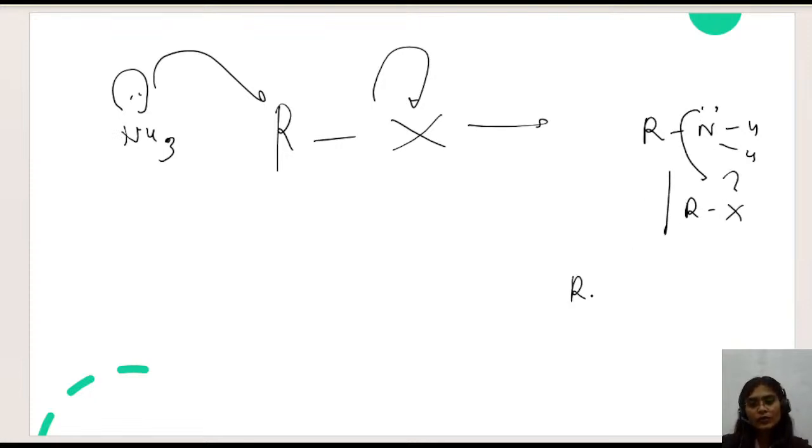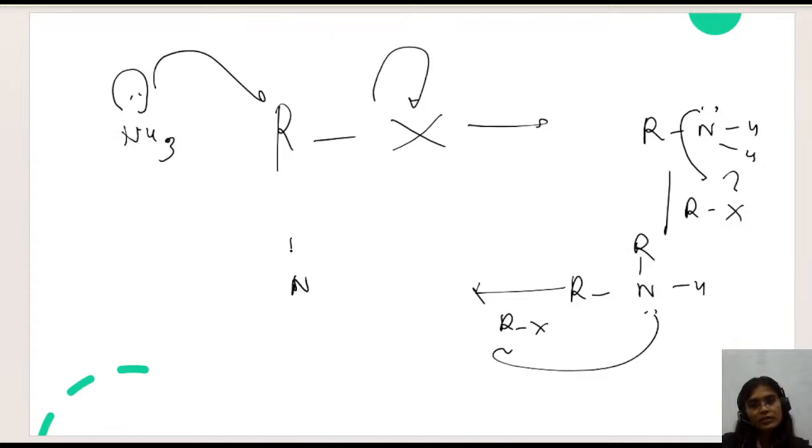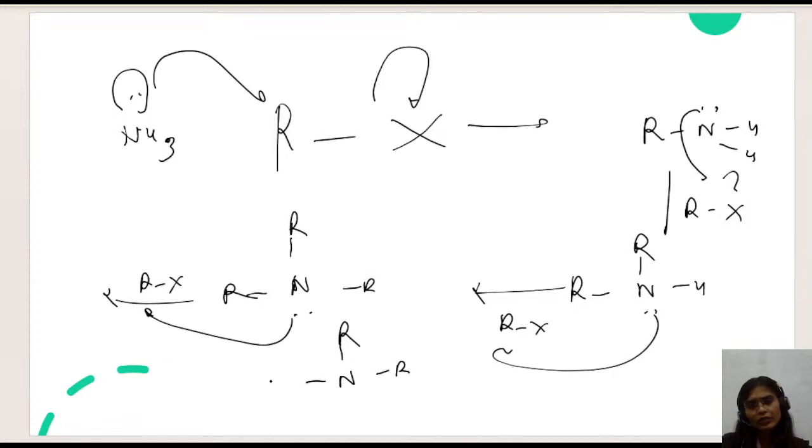This group is going to be released, and the process keeps going on until all the hydrogens are replaced. Again, this is RX, ammonia attacks here. This is N with R, R, R. Still nitrogen has a lone pair, and it combines with RX and attacks here. We end up with a quaternary amine.